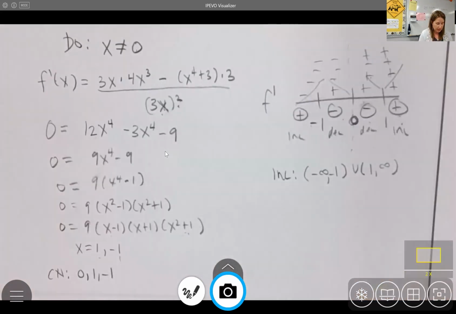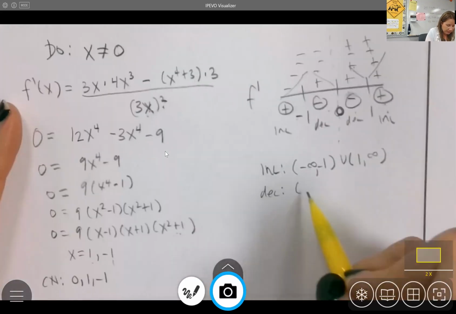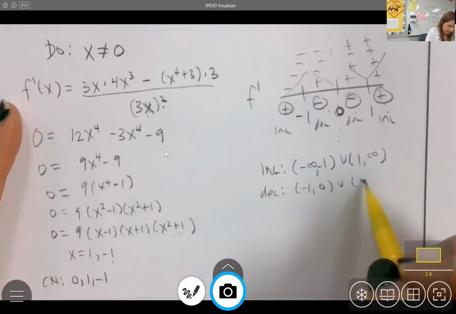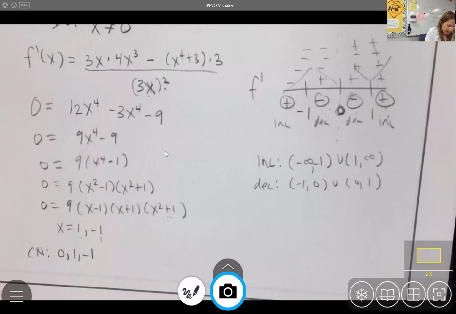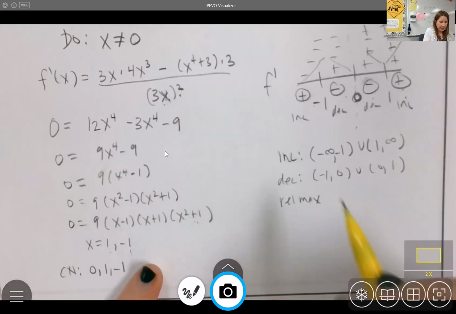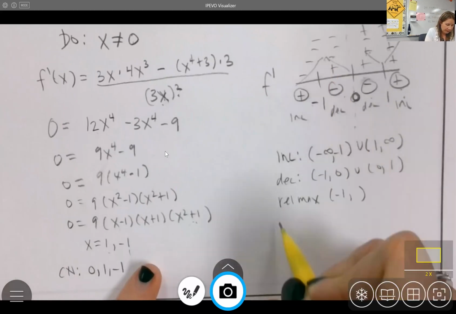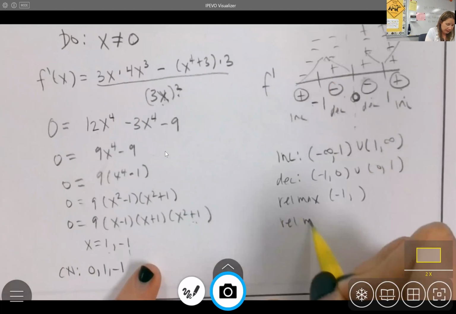It can do that. This is decreasing from negative 1 to 0, and from 0 to 1. Okay, now for our relative max, that's going to happen here at negative 1, and our relative min is going to happen here at positive 1.